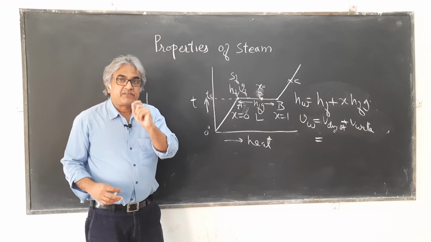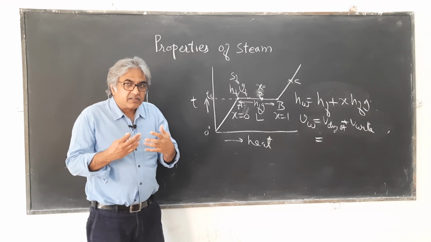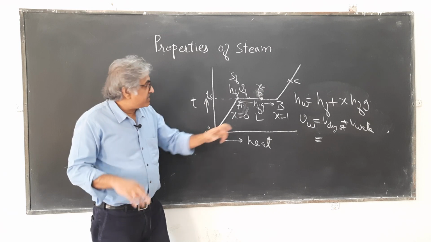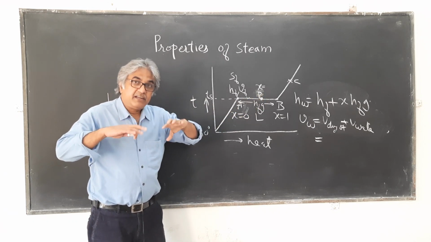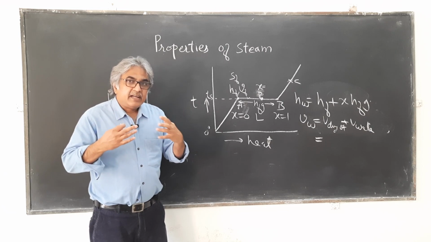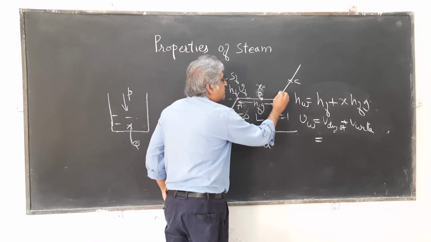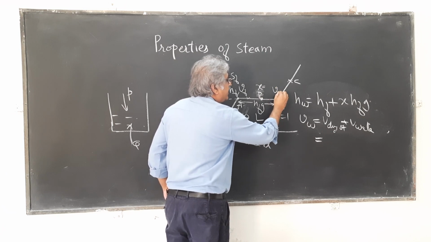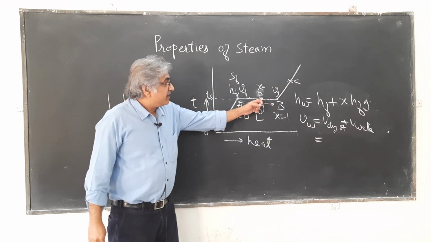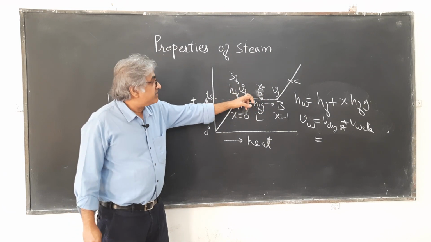So the steam will have saturated liquid plus dry steam. Let's say that when the steam is completely dry, that means at point B, its specific volume is denoted by vg. Now here it is not 100% dry, but a certain percentage dry, which is x.